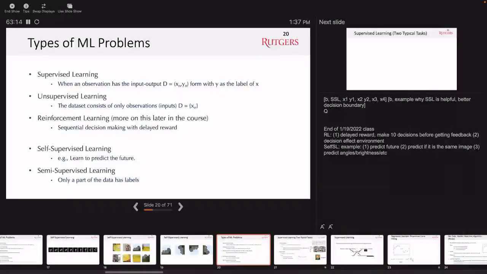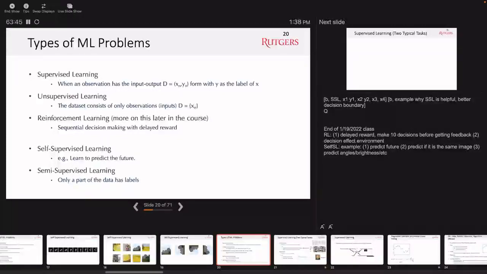What is semi-supervised learning? Semi-supervised learning is a very direct combination of supervised learning and unsupervised learning. In supervised learning, you get all the pairs of x and y. In unsupervised learning, you only have the x. In semi-supervised learning, only a part of the data will have the labels, so only a part will have both x and y, but for the other data, you only have the x.